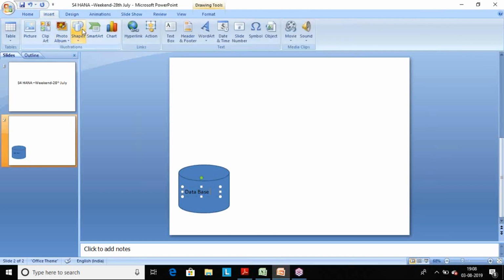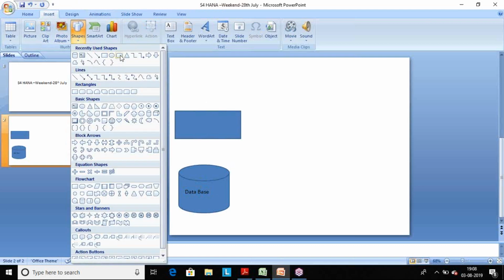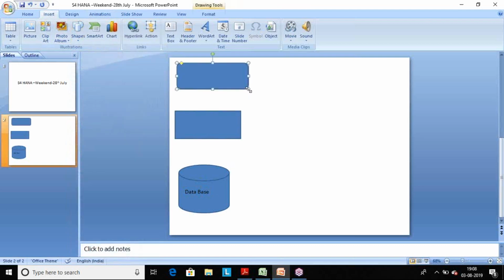Then you have one application layer. Then we have one presentation layer. This is how the current system works.